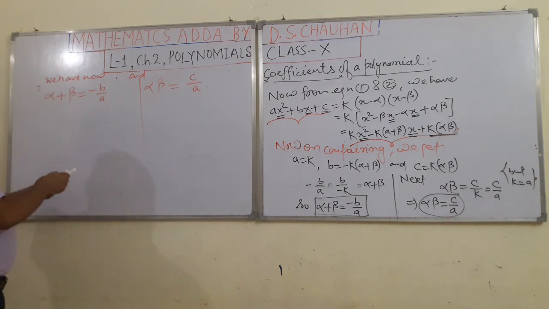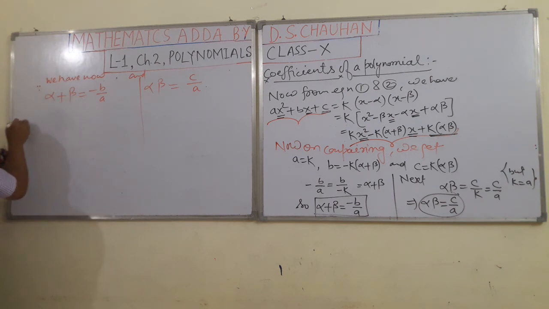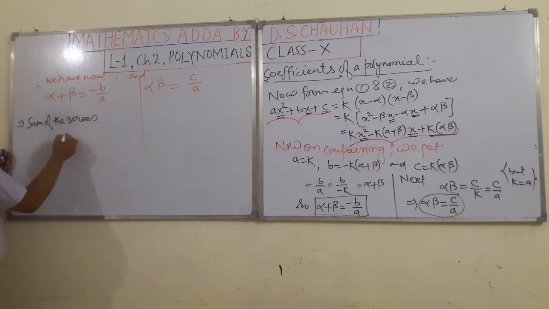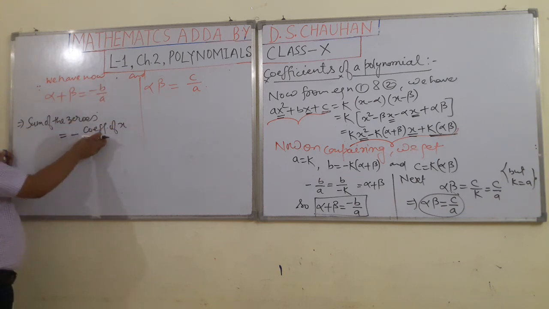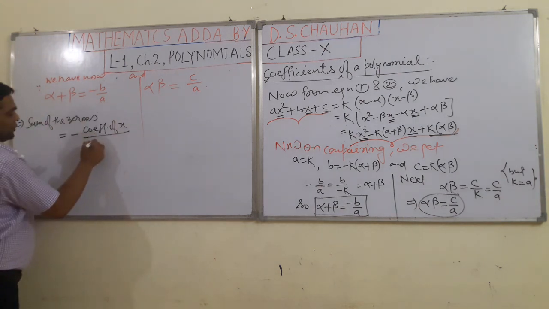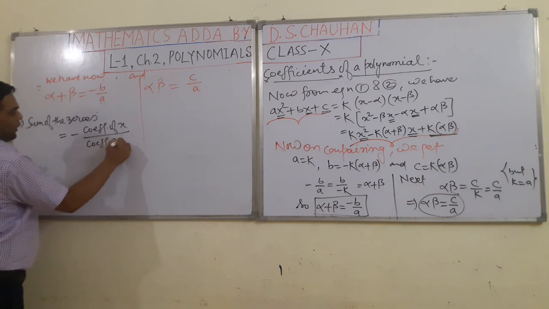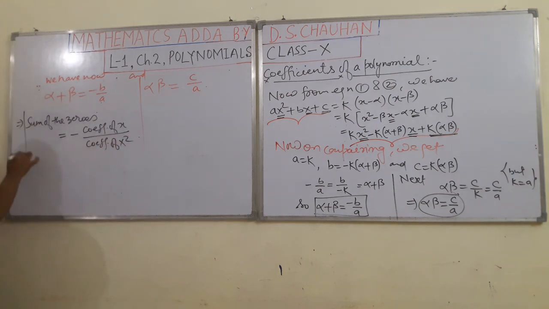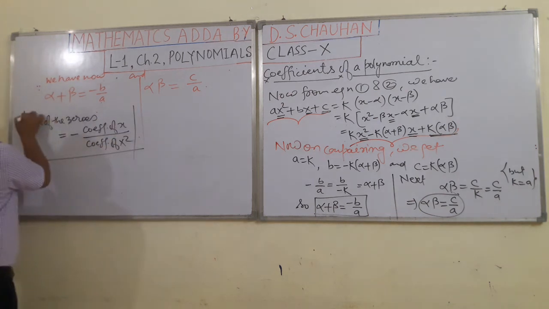We can note down these results as alpha and beta are the zeros, so the sum of the zeros is minus b, coefficient of x. Inside the bracket we will write coeff. Coefficient of x upon a, the coefficient of x square. So we can also understand this formula in this way.